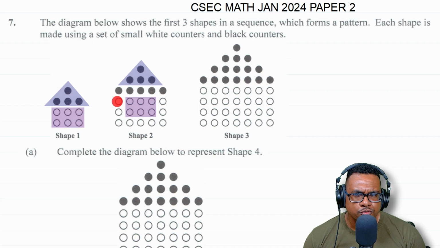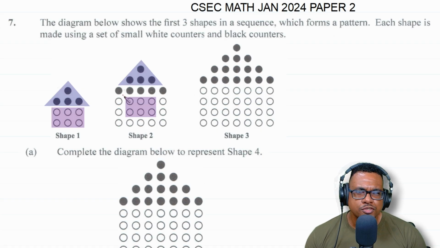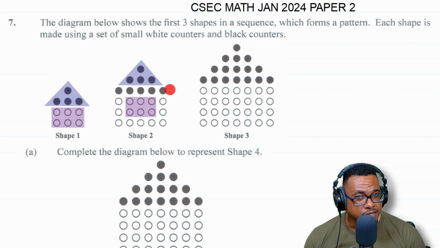Now also notice the rows of white. We have 3 rows of white, and here we had 2 rows of white. So what we are seeing is that we have a column on either side and an extra row of white. Also, we have the extra row of black counters as well. As you can see, 2 rows of black counters, and then 3 rows of black counters.